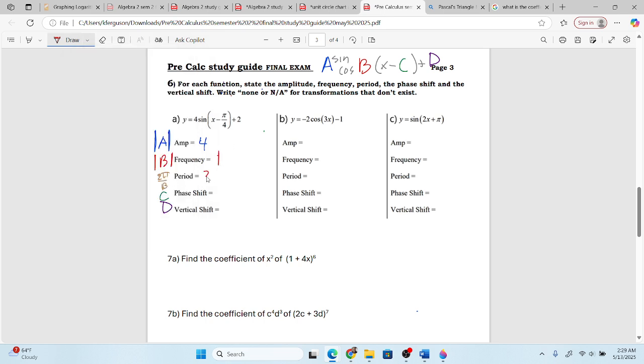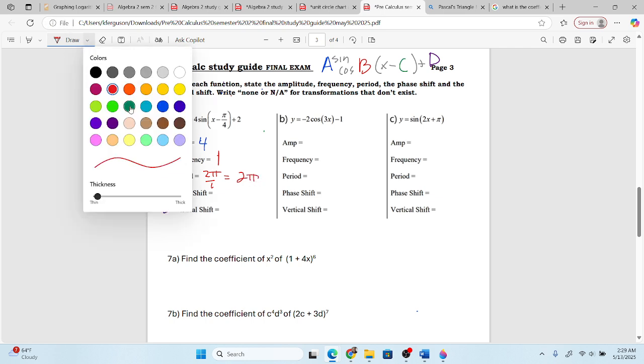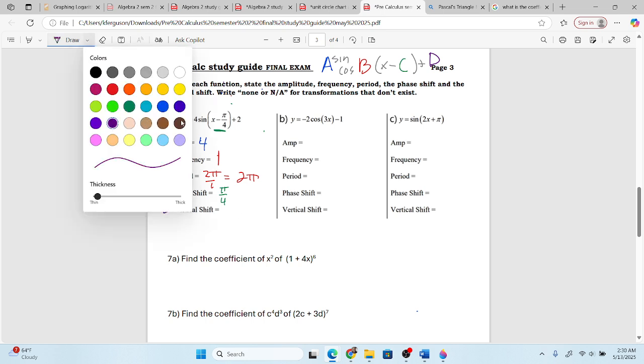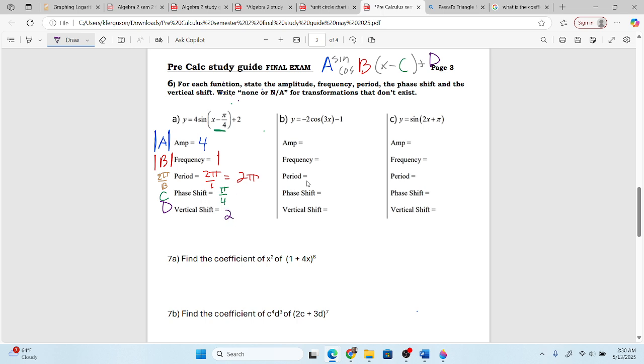And then what's 2 pi divided by 1? It's just 2 pi. And then the phase shift. The phase shift is the opposite of what I see inside the parentheses. So minus pi over 4 means phase shift is pi over 4. And then vertical is what I see. So that's 2, or plus 2.